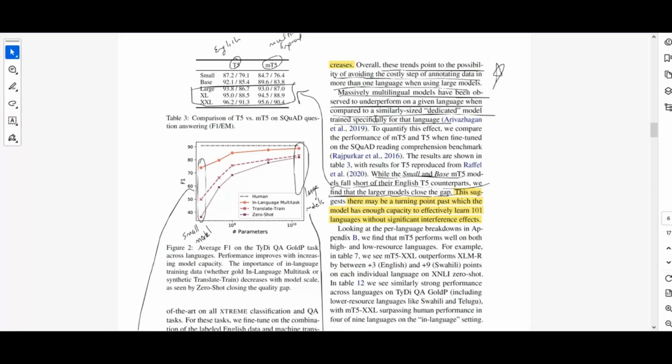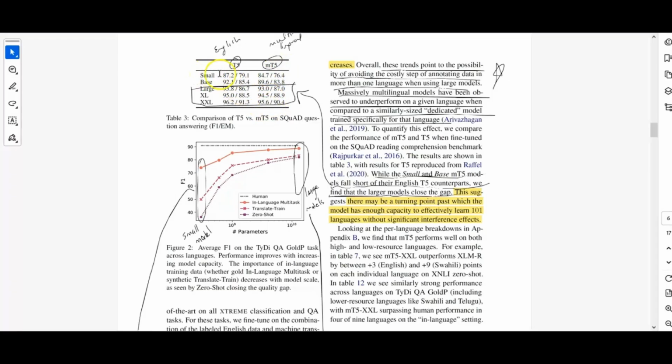So they do some experiments here comparing the performance of mT5 with T5. Again, the T5 model is specifically trained on English, so we expect it to behave better on English than the mT5, which is a pre-trained model that is multilingual. And that's what they're trying to show here.